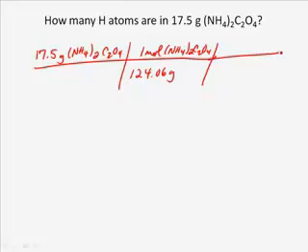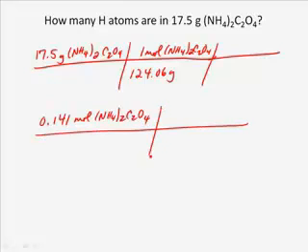Now, where do I want to go from there? I don't want moles of the ammonium oxalate. I want hydrogen atoms, not even moles of hydrogen atoms, but hydrogen atoms. So I calculate the moles first: 17.5 divided by 124.06 gives me 0.141 moles of the ammonium oxalate.